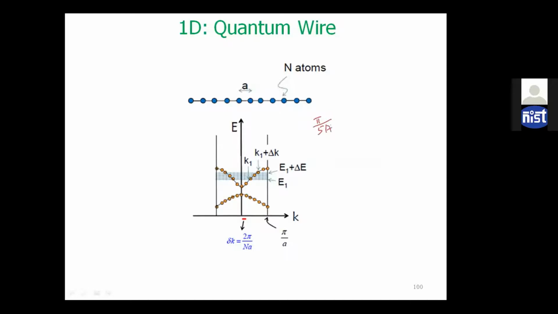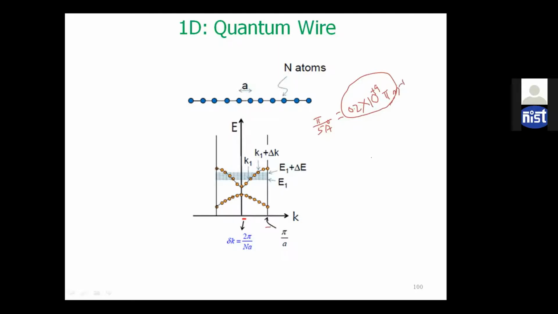Then the k value is about 0.2 into 10 to the power plus 9 into pi, which is a very large number. So the maximum value of k is in meter inverse.